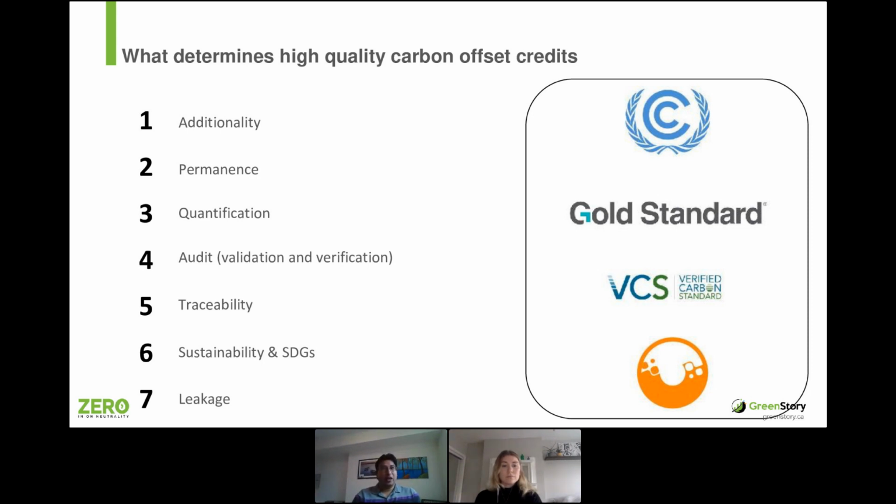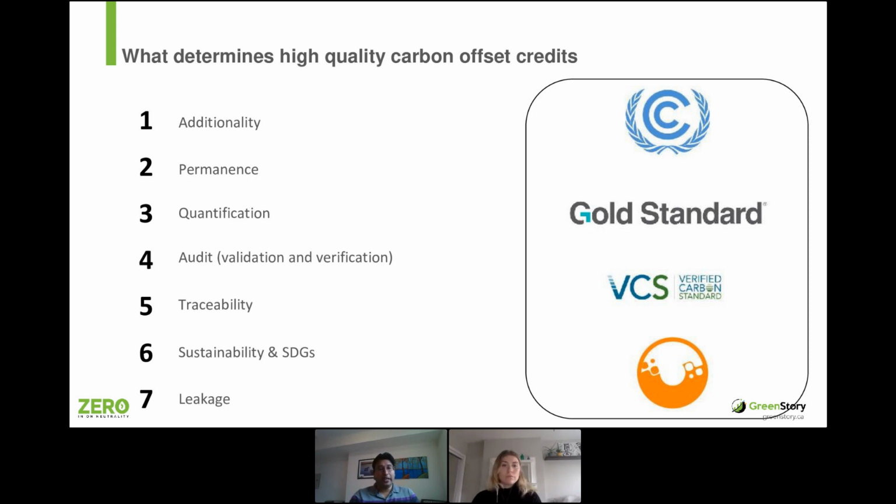So any large hydro project would typically not be considered a high quality carbon offset project. And that's why most of what you'll see in the carbon offset scenario would be small hydro projects. Even those would need to be carefully considered, so they are not having any major consequences on the environment. And better yet would be that all these projects, in addition to offsetting or avoiding carbon, also contribute to UN Sustainable Development Goals, like improving health, reducing poverty, access to water and energy, those kinds of things.